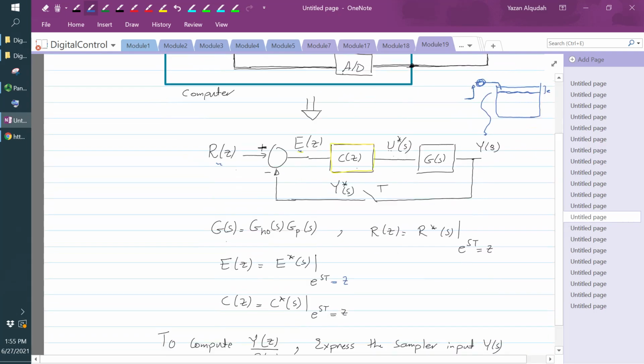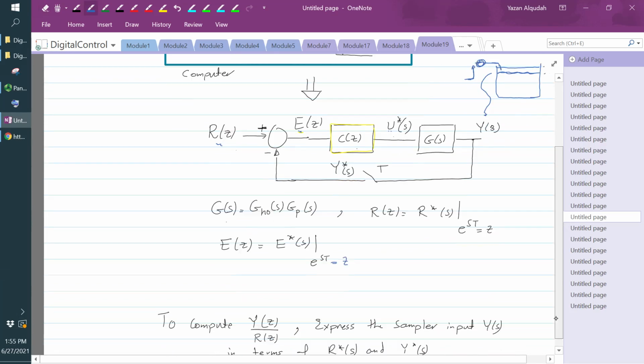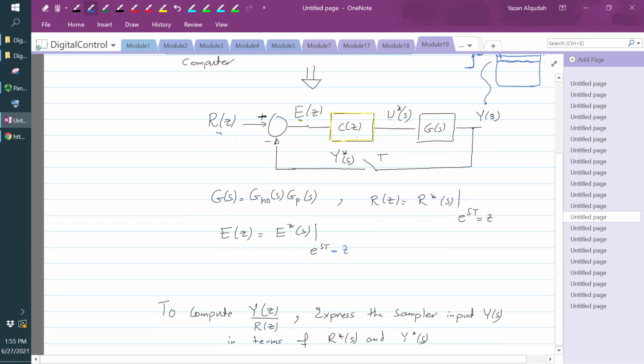Okay, let me take this off. What we want to calculate is Y of Z divided by R of Z. So we're going to express the sampler input Y of S in terms of R star and Y star.